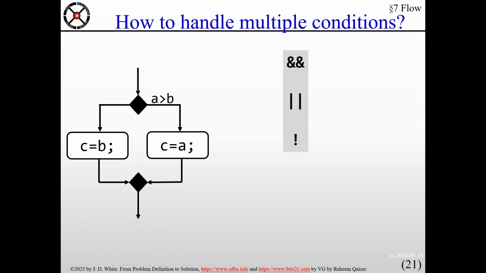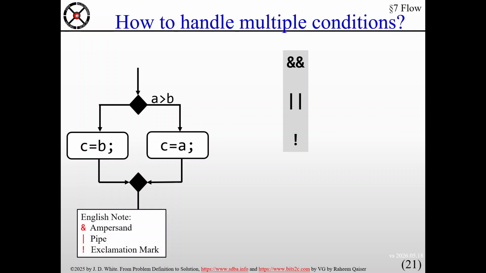Now, how do I handle multiple conditions? Okay, double ampersand means and. English note: this symbol is called an ampersand symbol. This symbol is called a pipe symbol.